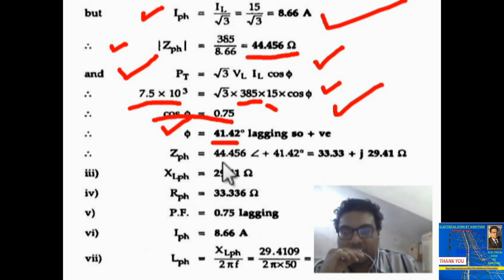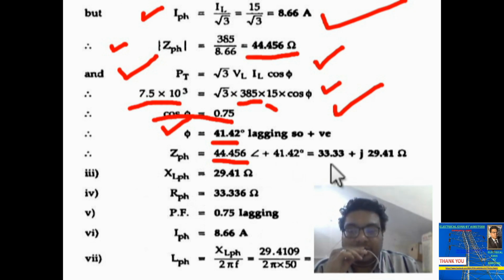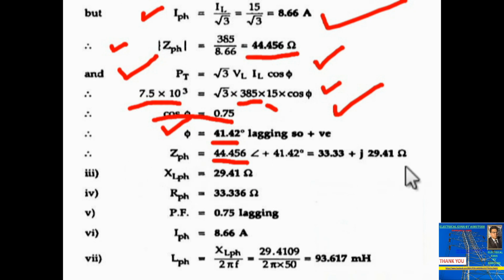And ZPH you can write down as 44.456 angle 41.42 degree. This is the magnitude of Z and this is the phase angle. This is the polar value, and we just convert it into the rectangular value.